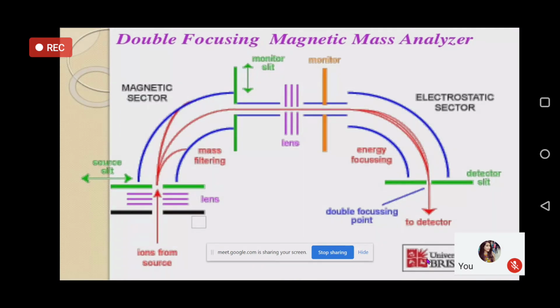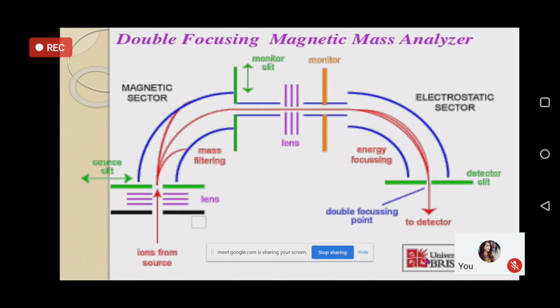So they will move only to the detector. What I'm explaining is the exactly reverse operation, but still the principle of the sector analyzer or the double focusing mass analyzer remains the same. So here the path traveled is from left to right. You start with the ion source to the left and end up with the detector at the right.